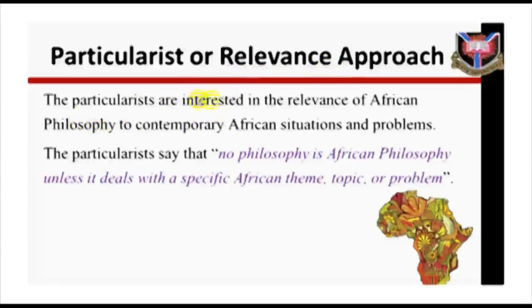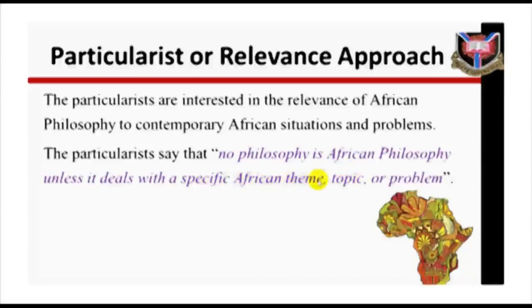The particularists are interested in the relevance of African philosophy to contemporary African situations and problems. They see African philosophy as contemporaneous with philosophical investigations, having a special relevance to Africa. Bello further clarifies the particularist viewpoint.